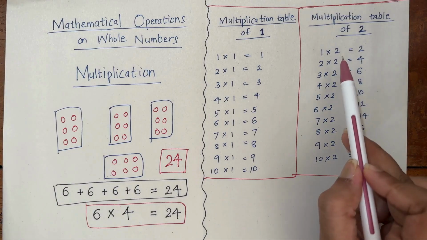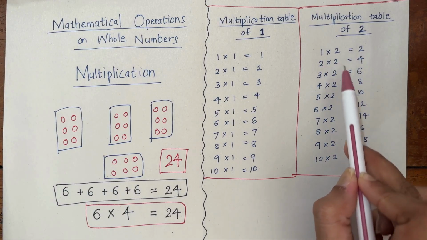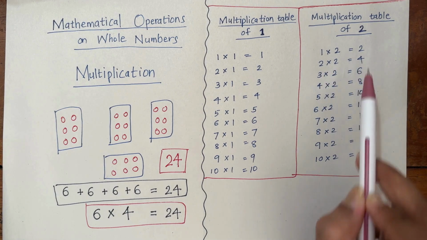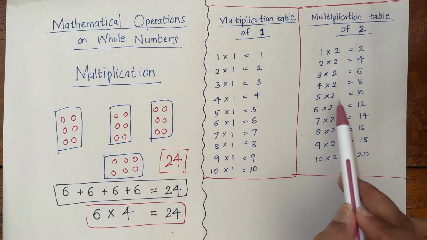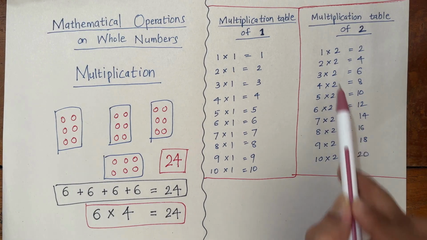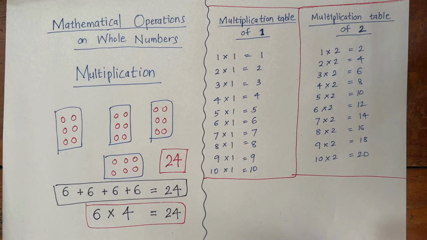Here you can see 2 times 1 equals 2, 2 times 2, 4, 2 times 3, 2 times 4, 2 times 5, likewise up to 2 times 10. As I told you earlier, it is actually enough to remember up to 10. If we consider the table of 3, it is enough to remember up to 3 times 10. And if we consider the table of 7, it is enough to remember 7 times 10. Okay?